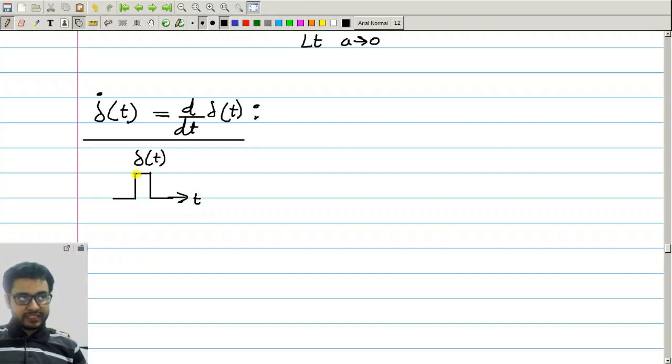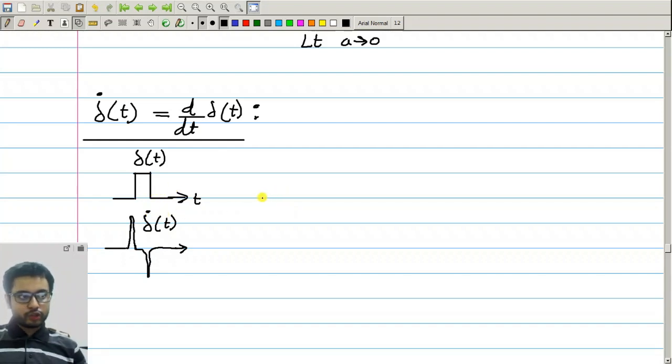If you think of this as a step jump, then the derivative will be an impulse-like function at this point, a very narrow pulse, and then at this point there is a negative step jump, so there will be a negative impulse-like function. This is how you may imagine or try to visualize delta dot t.